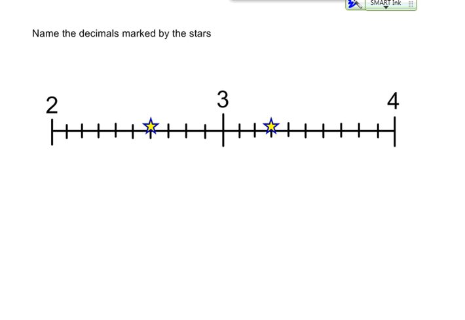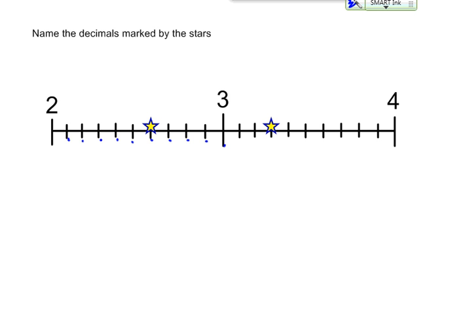From here, we can use this idea and, instead of looking at it in terms of centimeters, we can just look at a number line in general. And so here we have a number line, 2, 3, 4, and as we count, we have 1, 2, 3, 4, 5, 6, 7, 8, 9, 10.